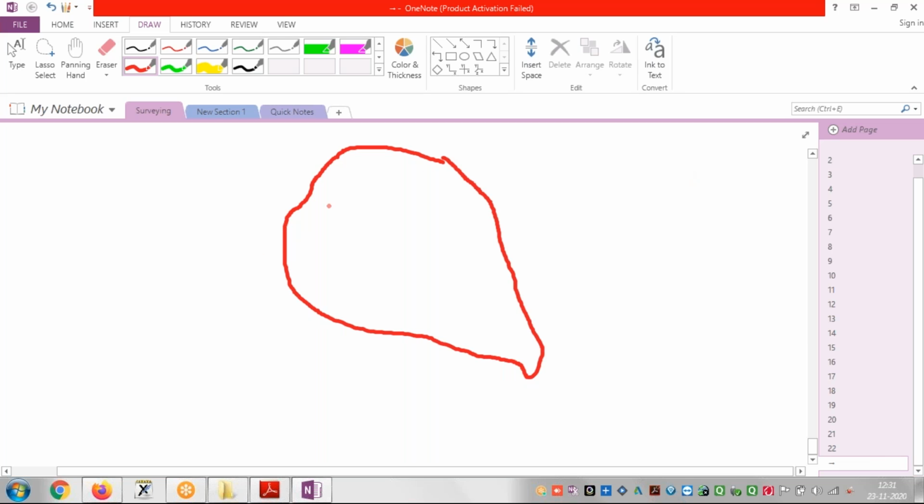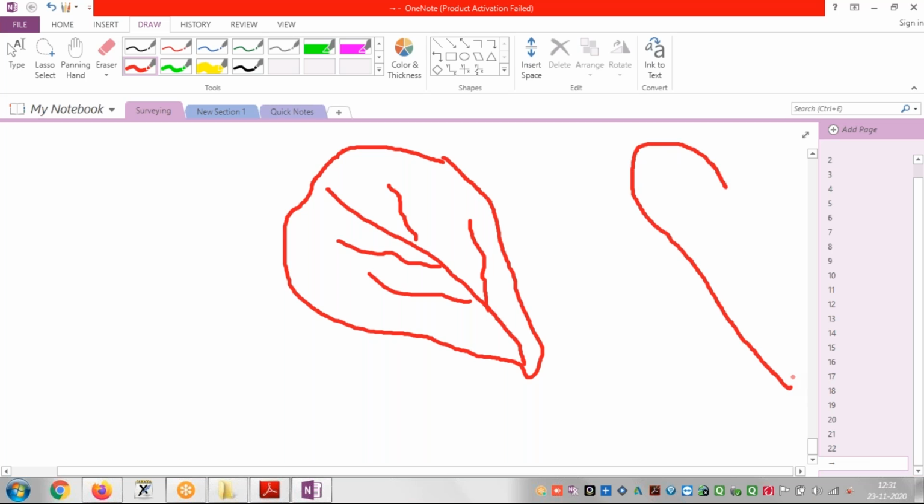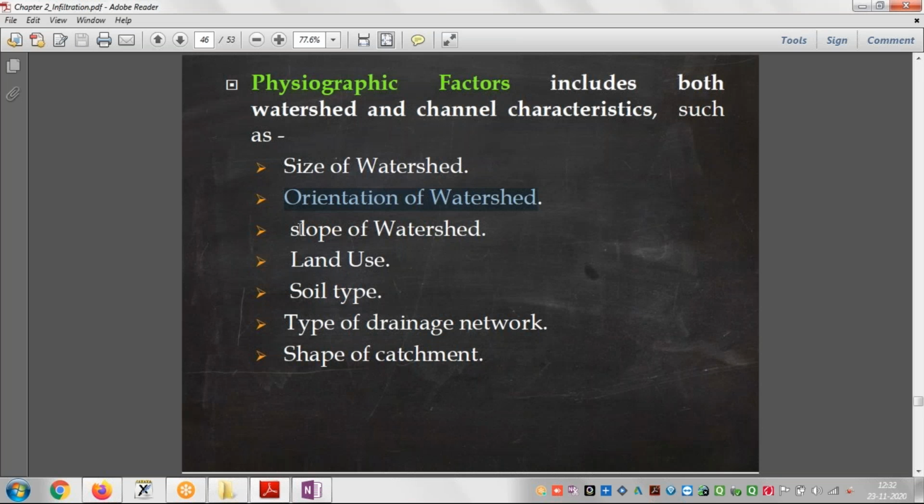Some are just like the leaves of a tree, and you might have seen leaves of different types, right? Some leaves will be like this. We can say shape or orientation, meaning its slope or something. So this is one of the orientations which generates more runoff or less runoff.